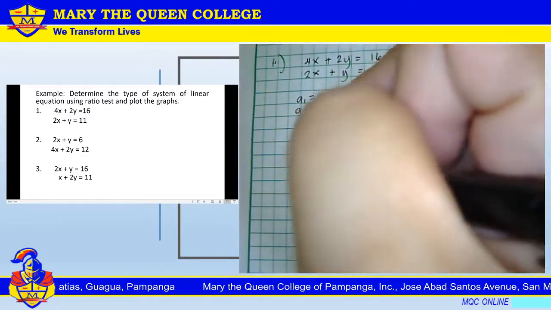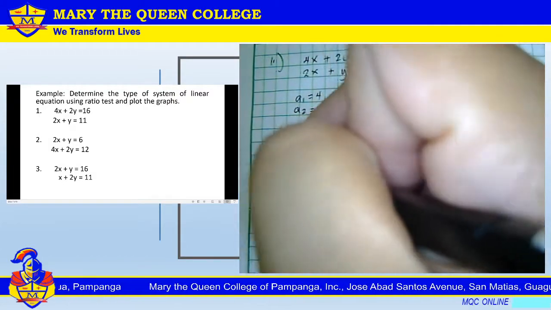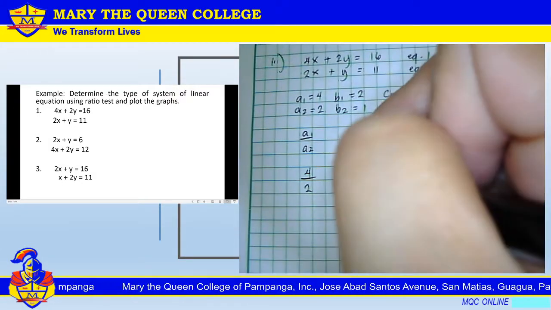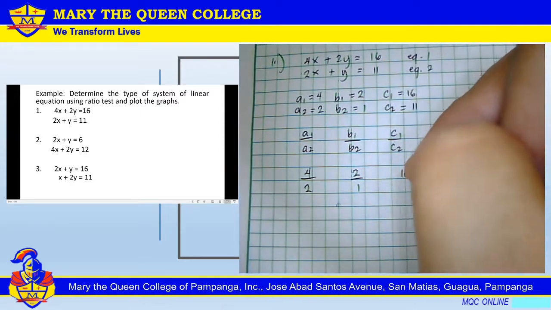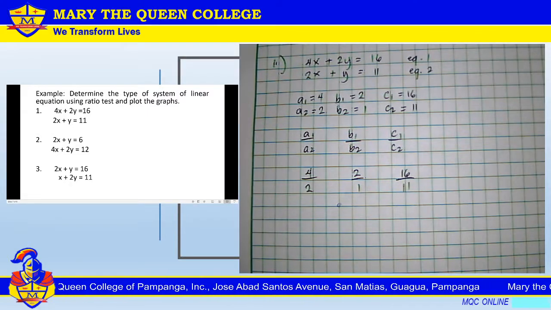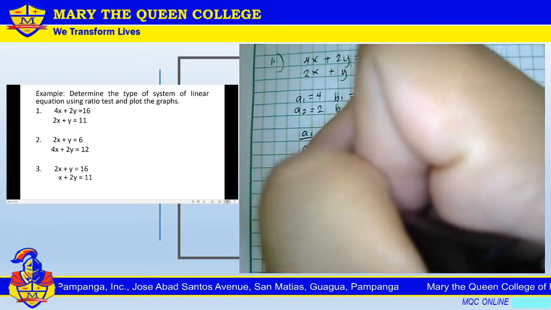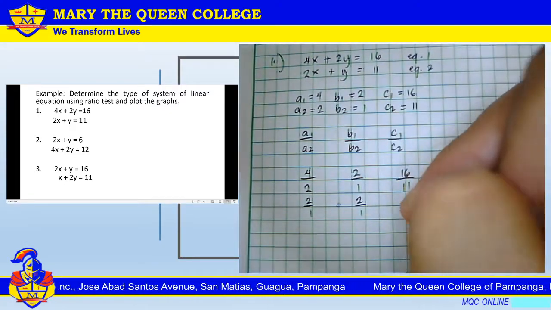Then substituting the values, we have 4 over 2, then 2 over 1, and 16 over 11. Looking at our given ratios, if there are some ratios that can be simplified, simplify them first. So we have 2 over 1, 2 over 1, 16 over 11.